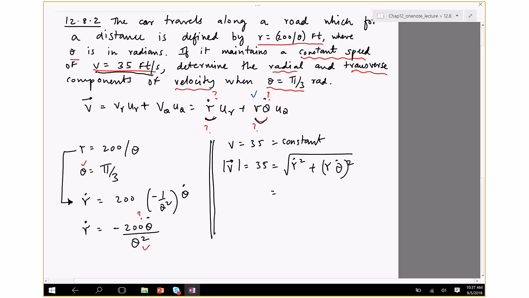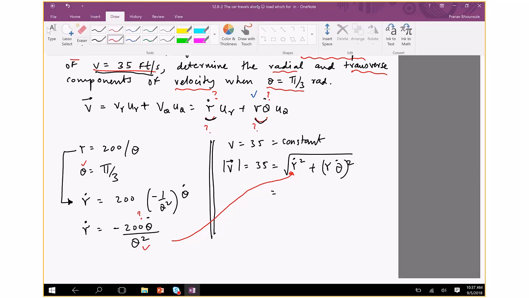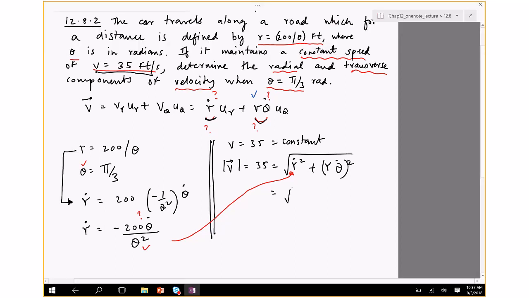So that's minus 200 theta dot divided by theta squared, squared, plus R, which is 200 divided by theta, and then the theta dot is an unknown, squared, is 35.